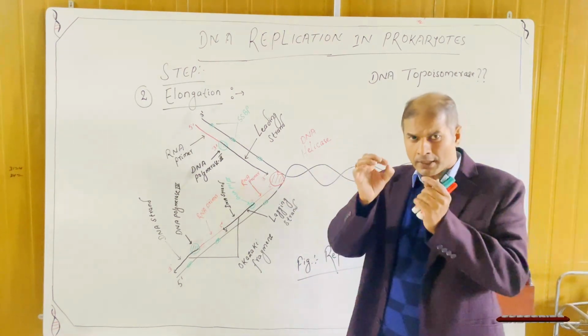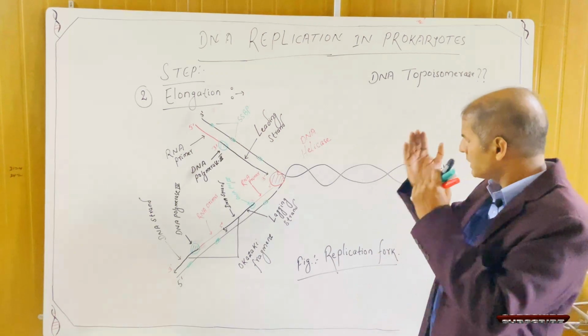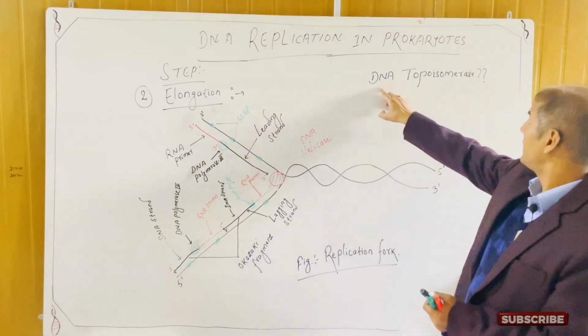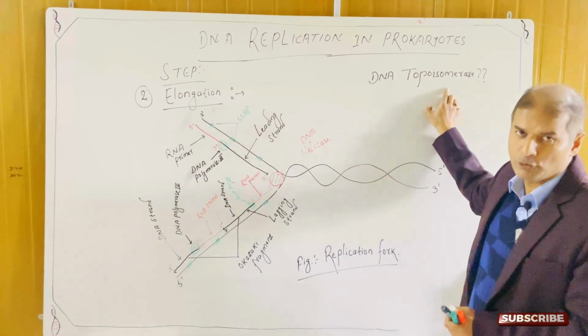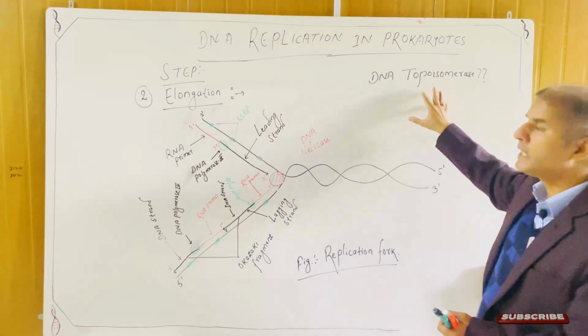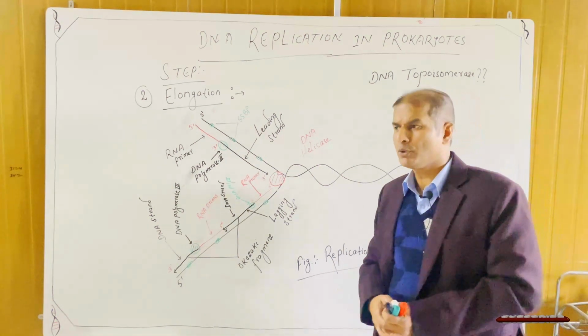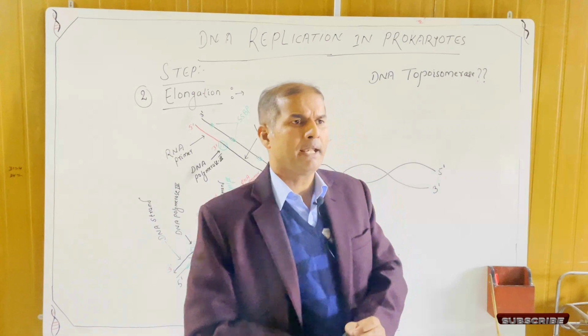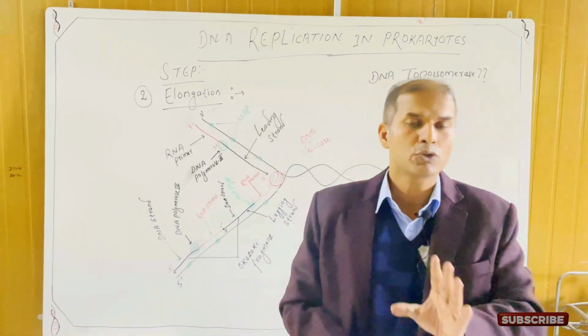To prevent the ceasing effect of that supercoiling, there is another enzyme called topoisomerase, simply called DNA topoisomerase. Do you know the role of DNA topoisomerase? DNA topoisomerase simply relaxes supercoiling.